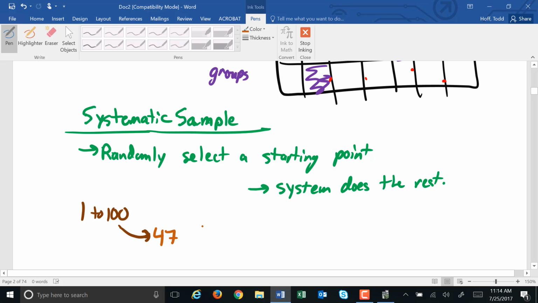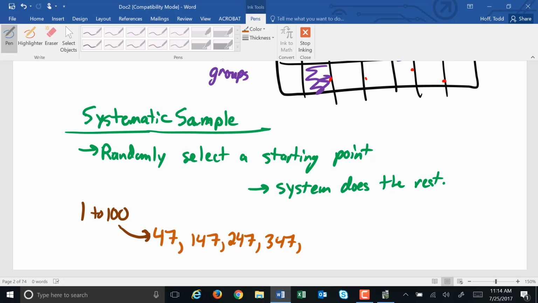So you select 47, you're going to test the 47th part, the 147th part, the 247th part, 347th part, and so on. Notice it's random because every part has equal chance of being selected. But it's not simple random because it's not possible to test two parts in a row.